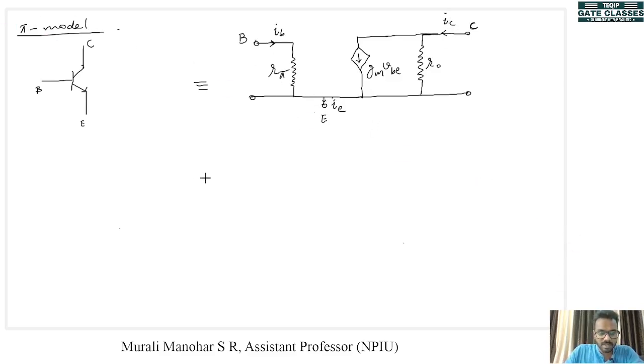Now we know that VBE is equal to IB into R pi, right? That also means GM VBE, which is the voltage controlled current source, its value must be GM into IB into R pi. Okay.